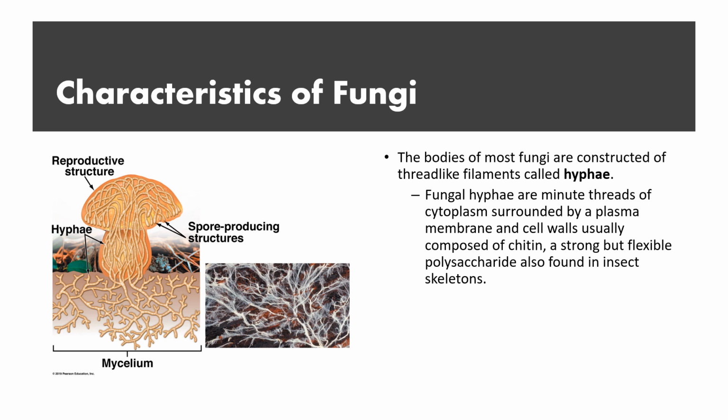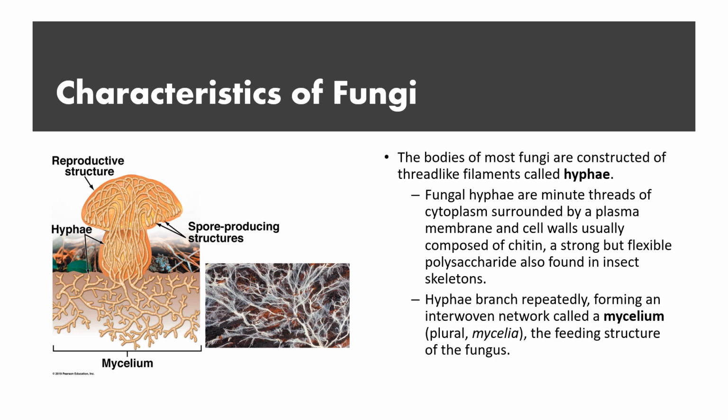So again, they're more closely related to us than they are to plants. The hyphae branch into an interwoven network called a mycelium, and that is the feeding structure of the fungus. The mycelium and hyphae grow into the food and the substrate that they're sitting on, and then they secrete their enzymes and absorb the food back into their bodies.